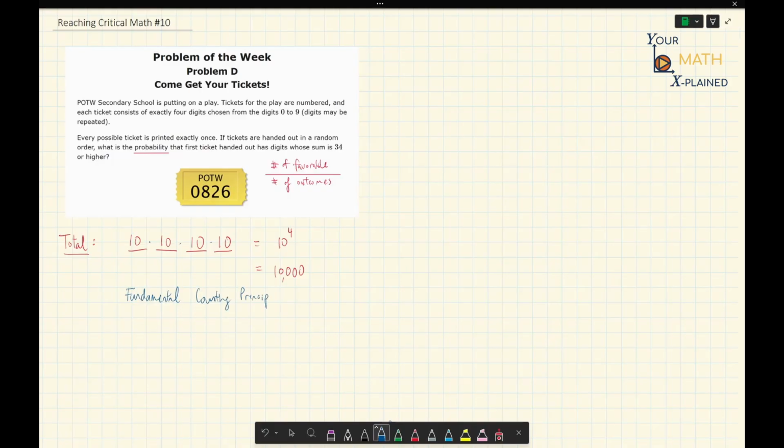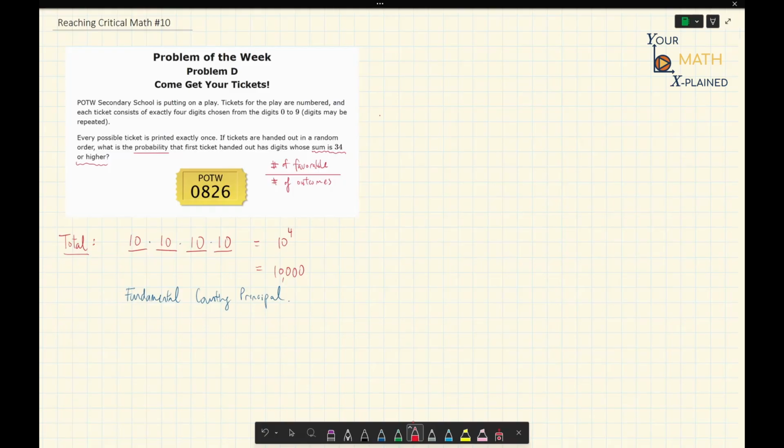Now we need to think about the numerator, the number of favorable outcomes. And we would like to figure out how many different tickets have a sum of 34 or higher. 34 is a pretty big number, of course. We would want to figure out what the maximum sum would be, and that, of course, is 36, because 9 plus 9 plus 9 plus 9 makes that value.